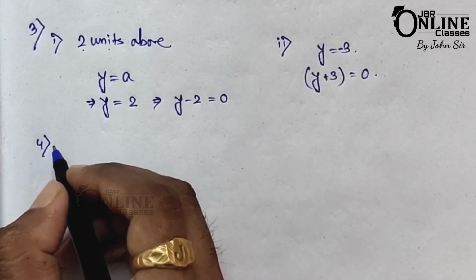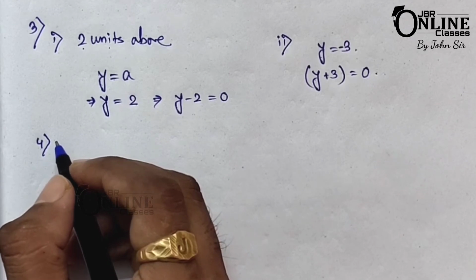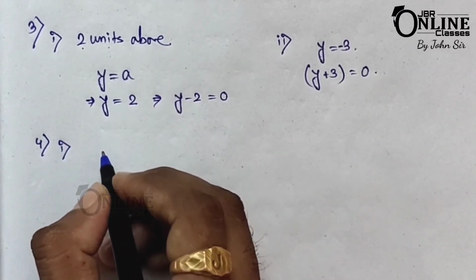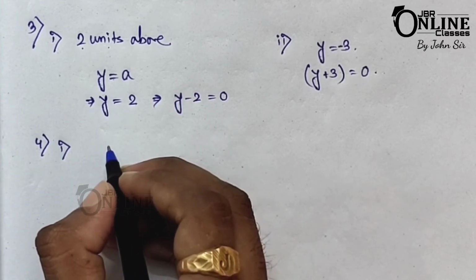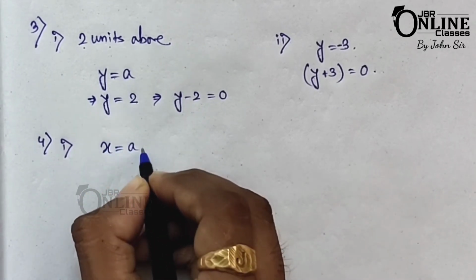In question number 4, find the equation of a straight line parallel to the y-axis which is at a distance of, first, 3 units to the right. The equation will be x equal to a.